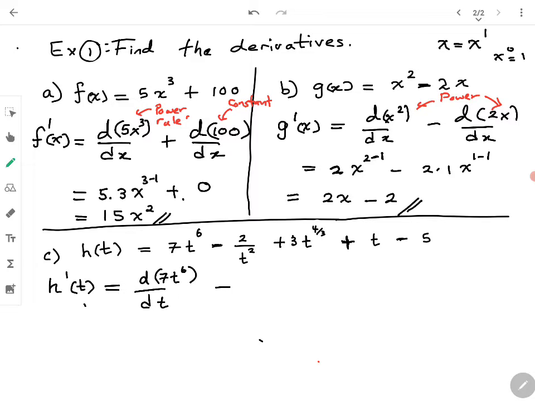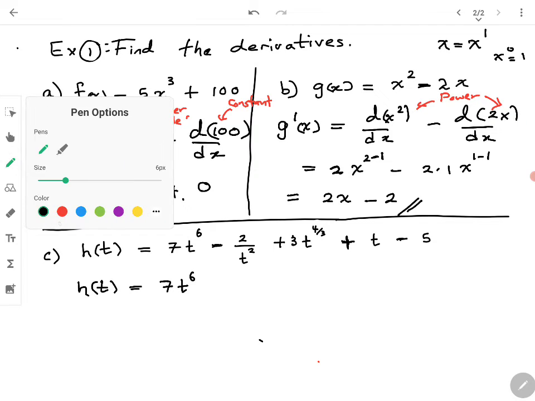So here we are differentiating with respect to t, not x. Okay, so before we find the derivative, let's rewrite this function in a form we know how to differentiate.